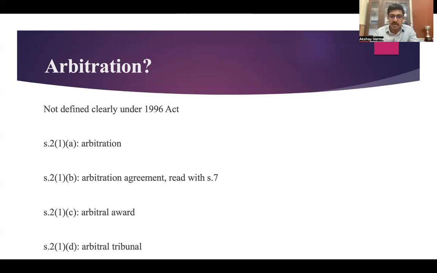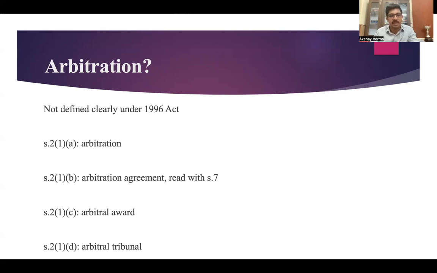Under section 2(1)(b), वहाँ बोला गया है arbitration agreement is an agreement referred under section 7. Now, section 7 talks about the requirements for an arbitration agreement. Then we have arbitral award, which is defined under section 2(1)(c). वो बोलता है that arbitral award includes any interim award.